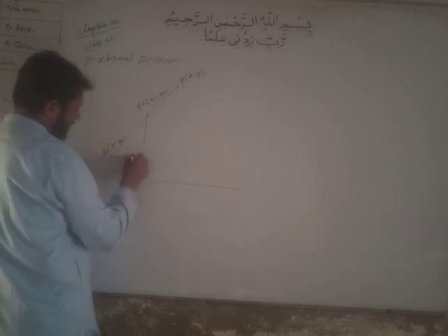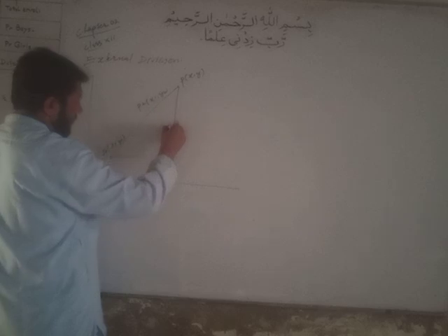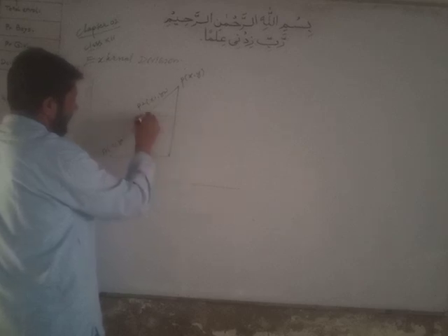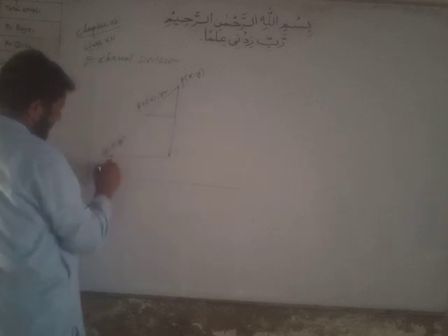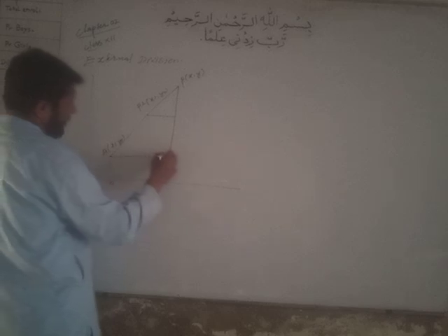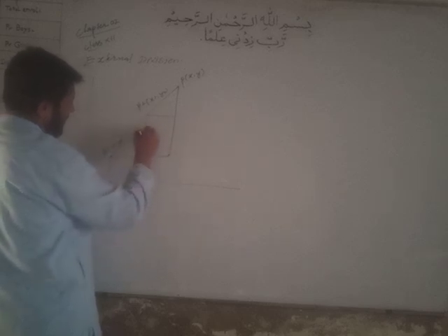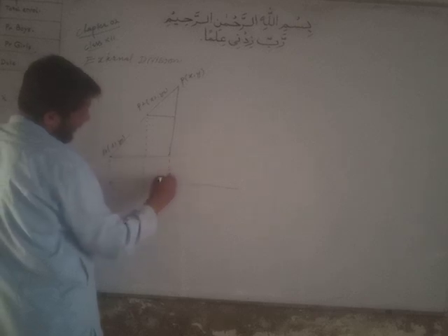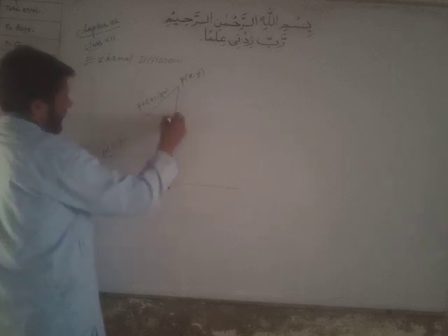We can draw this on a Cartesian coordinate system here. Here this is x1, here this is x2, and here this is x.